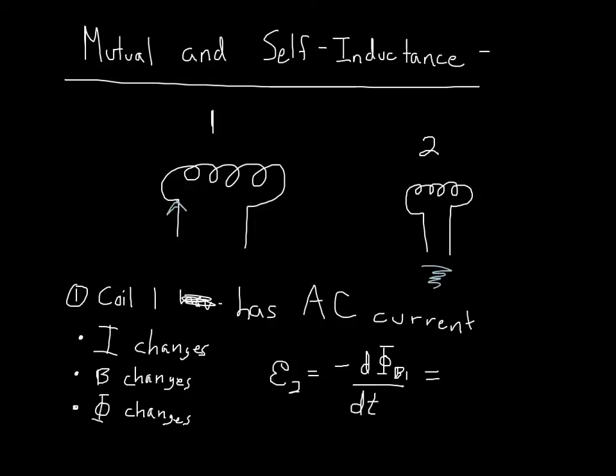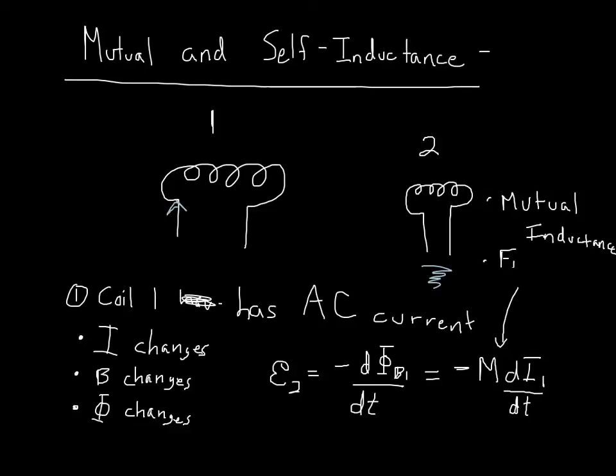The mutual inductance we define as the letter M times di/dt, the change in current in the first coil, where this M is called the mutual inductance. And it's going to come from the geometry of the coil itself. You'll need to read in your book to learn more about that.